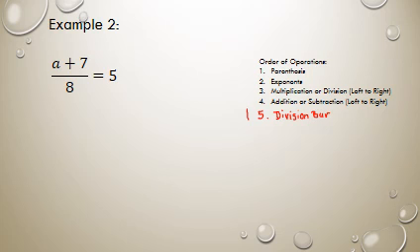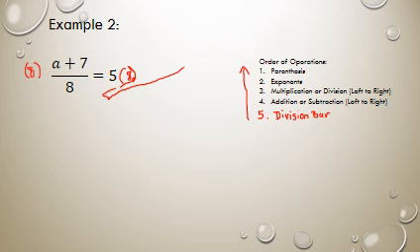So that means that is the first thing that we need to get rid of because we're working upward on the order of operations. So right here, to get rid of that divide by 8, we need to do the inverse of that, which is multiply both sides by 8. Multiply the left side and multiply the right side by 8.